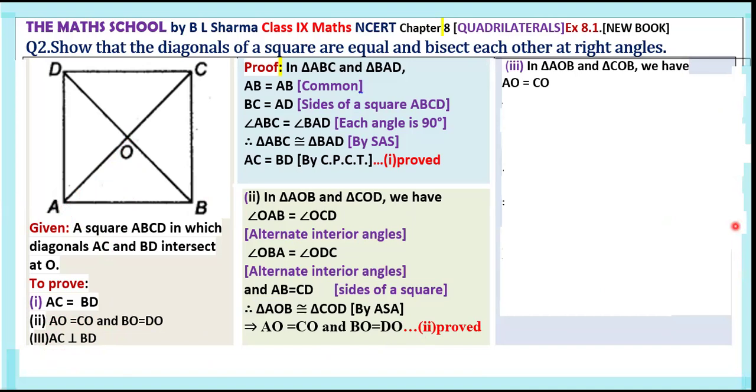AO is equal to CO, diagonals of a square bisect each other, proved above. AB is equal to BC because all sides of a square are equal. OB is equal to OB, here you will see this is common.